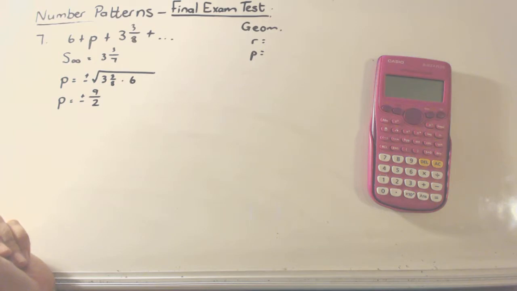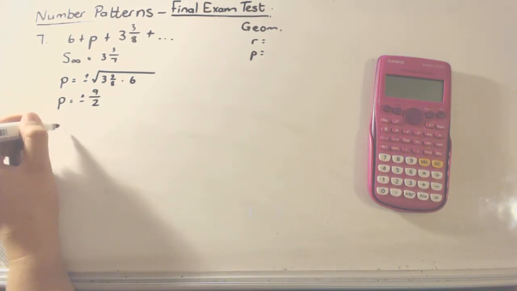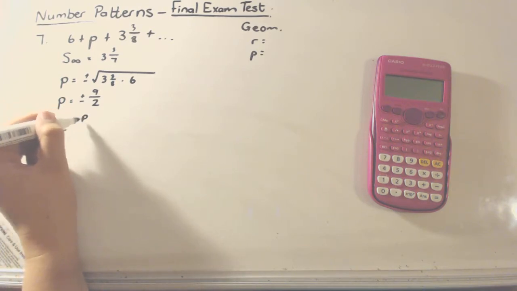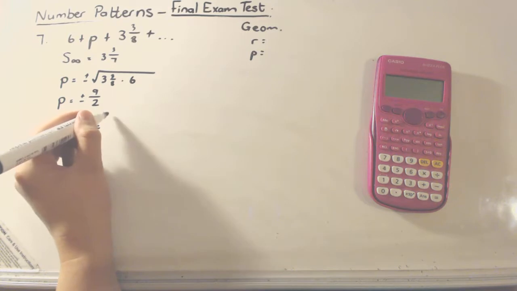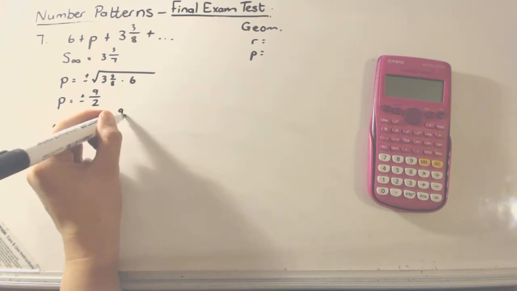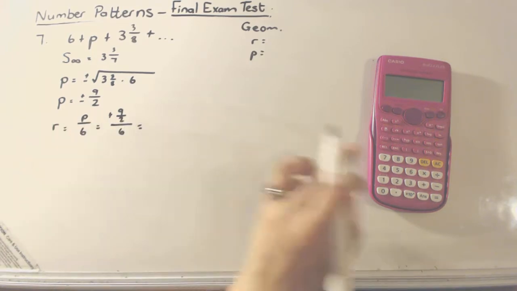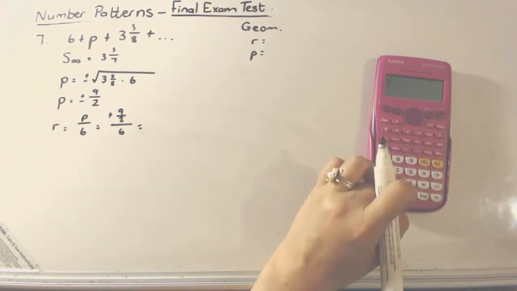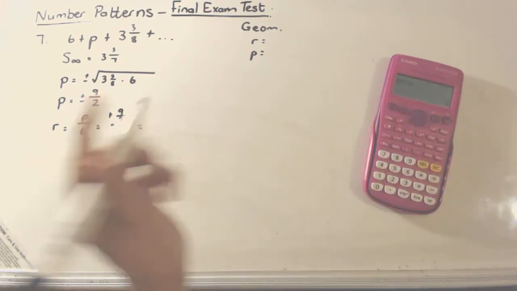And then they also want the value of r. Now, technically, I can just take r as p over the first term, and I've got p can be either plus 9 over 2 over 6, 9 over 2 divided by 6, which is 3 over 4.